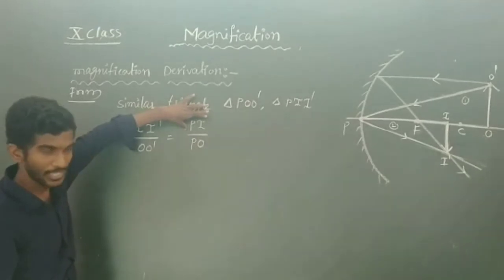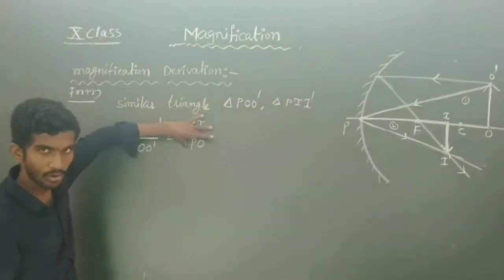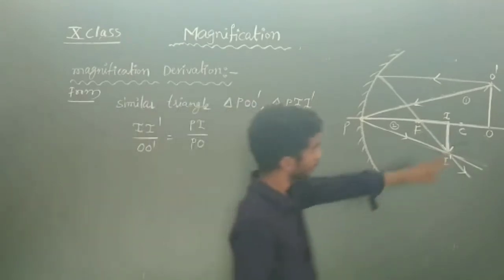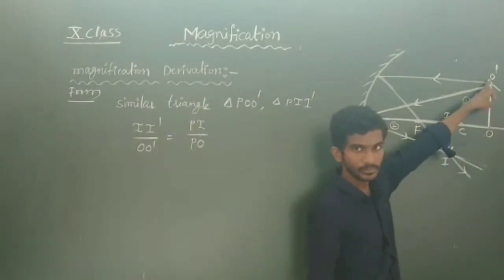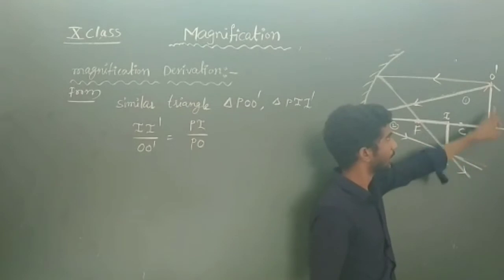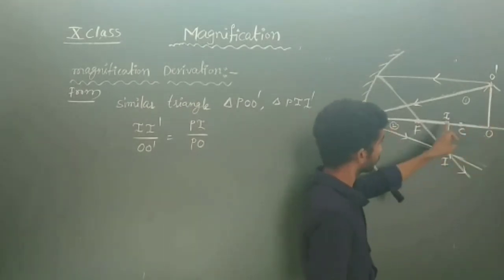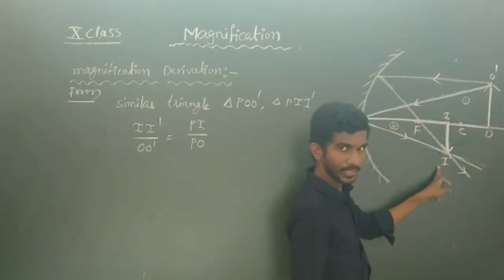P I is the image distance, P O is the object distance. O dash is the height of the object, I dash is the height of the image.